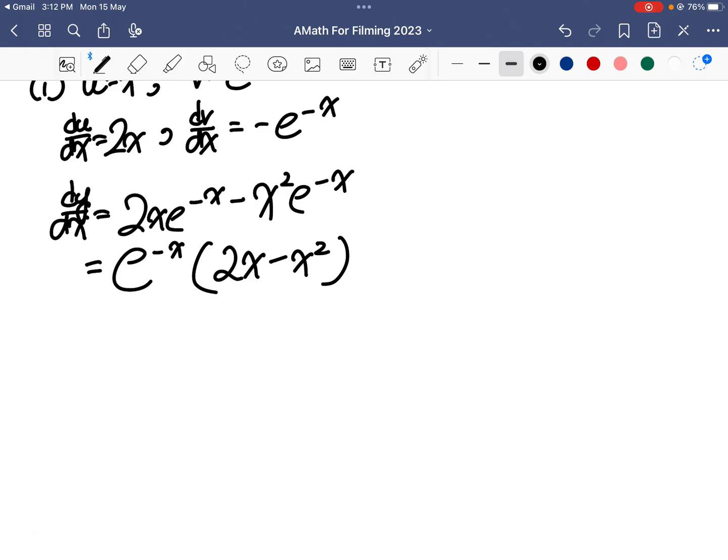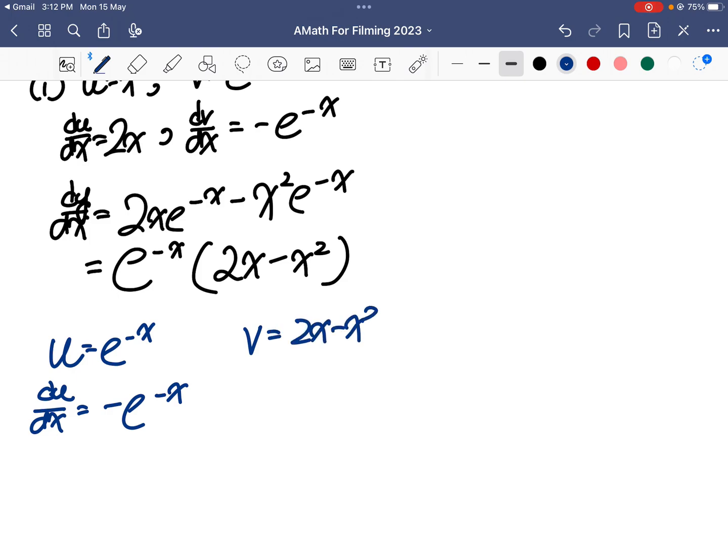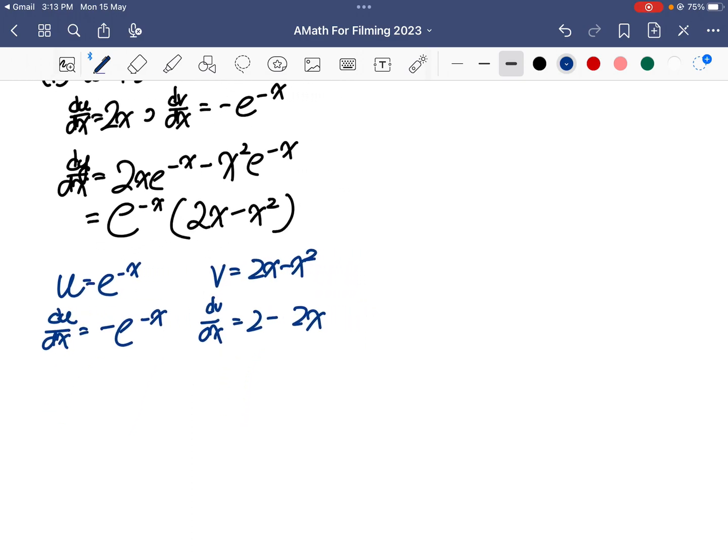Now, if I were to carry on to get my second differential, let me use a different color. u is e to the power negative x. Differentiating u with respect to x is negative e to the power negative x. v is 2x minus x squared, so dv/dx will give me 2 minus 2x.